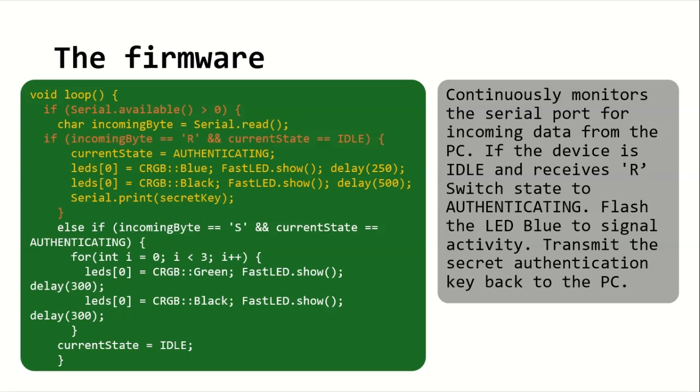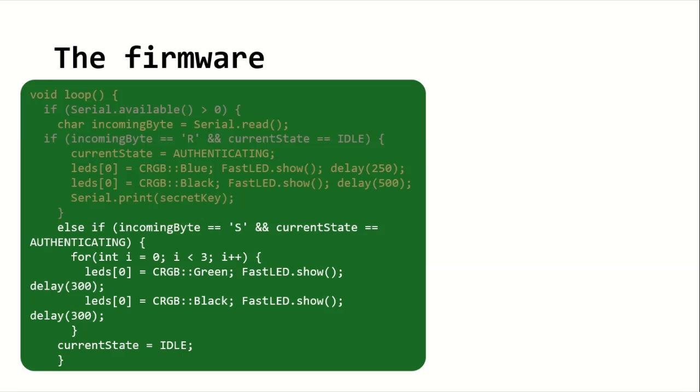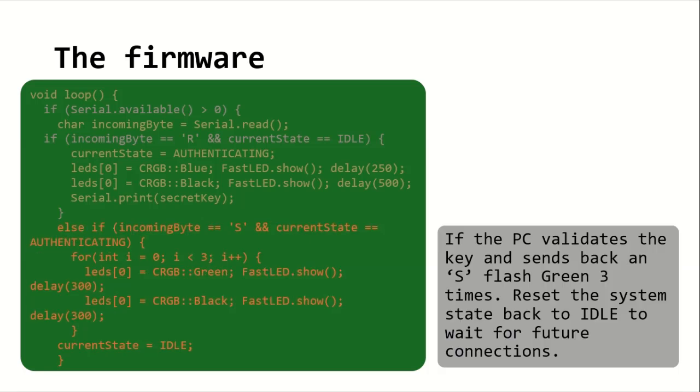If we receive R, we are going to switch to authentication, and we are going to flash the blue light on the RGB once. Then we are going to check if the response is S or F. If the response is S and the state was authenticating, we are going to send the key back, saying that we have validated the key, and we are going to flash the green light 3 times, and set the state back to idle from authenticating.